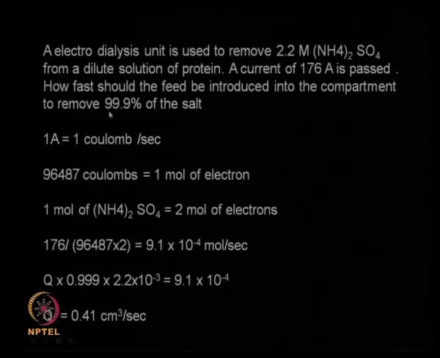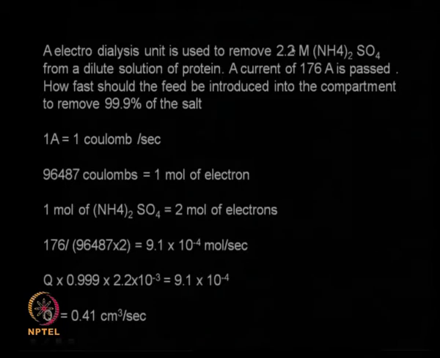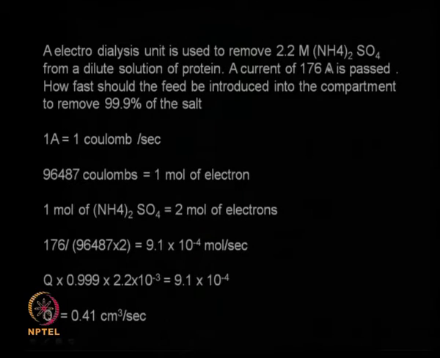So I want to remove 99.9% of the salt. I want to know Q, and the amount of salt solution that is flowing in contains 2.2 molar ammonium sulphate, and I am passing 176 amps. So how do you solve this?